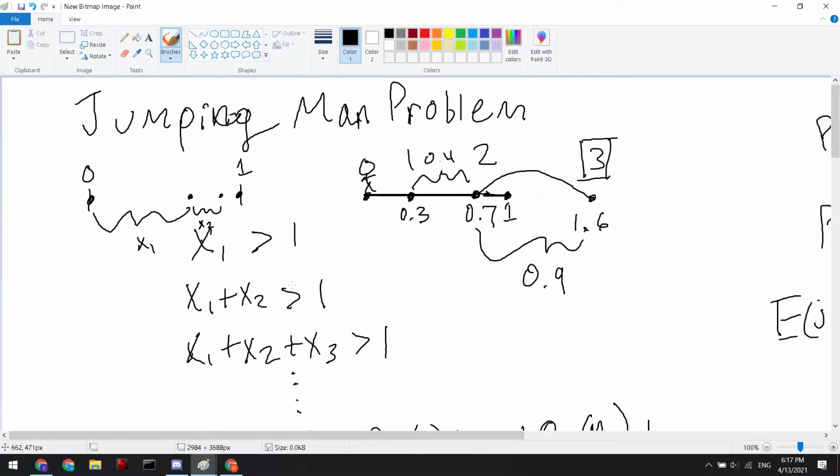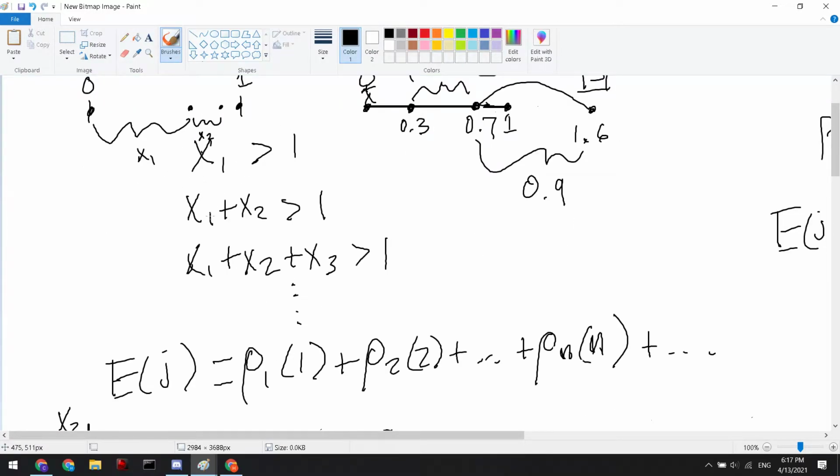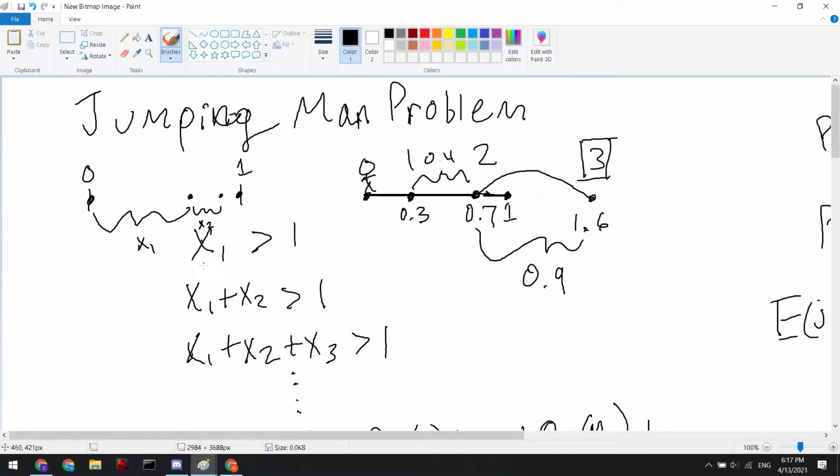Now, what we can do is we can look at what this means mathematically. Essentially what we're doing is we're picking distances, which I'm going to label as x1, x2, etc., and we are adding them together, and seeing when we break 1, when we become greater than 1.